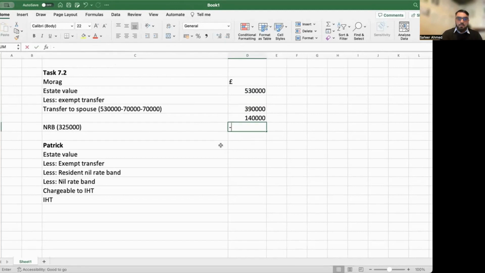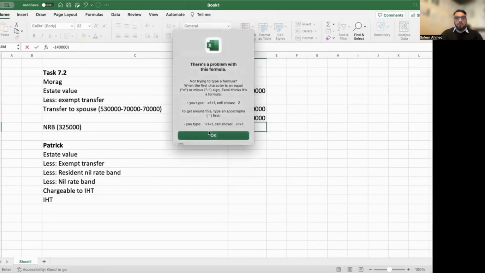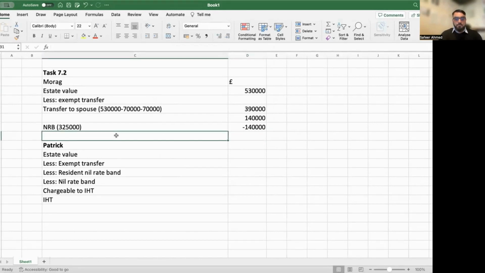So in other words, here it will be 140,000. Which means that she doesn't have any chargeable estate value to inheritance tax.